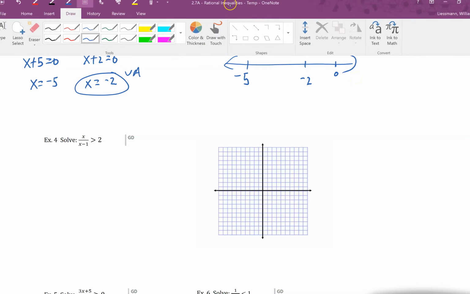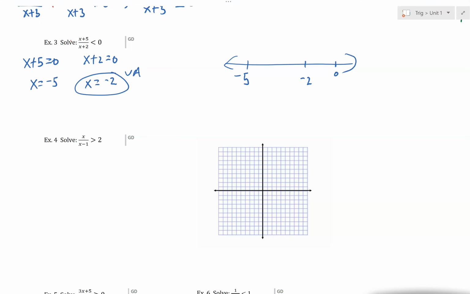In terms of the picture itself, it's saying less than 0. So this is -2. It cannot be this. So we're just checking numbers on either side of these things. So if I plug in 0 for both, 5 over 2 is less than 0. That is false. If I check the next one, -5 to -2, so just -3.